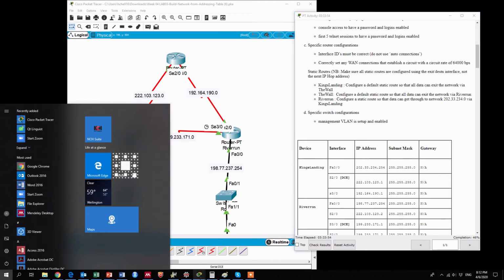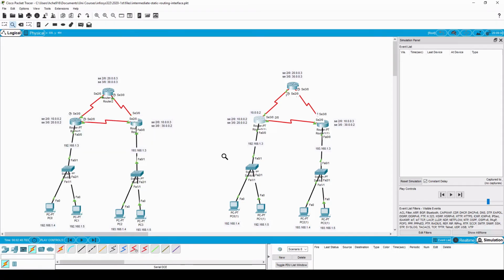At this point I want to show you another example. We have two networks here. They are identical, they have the same computers, the same switches, routers, and the same IP addresses. The only thing that differs in these two networks is the static routes.